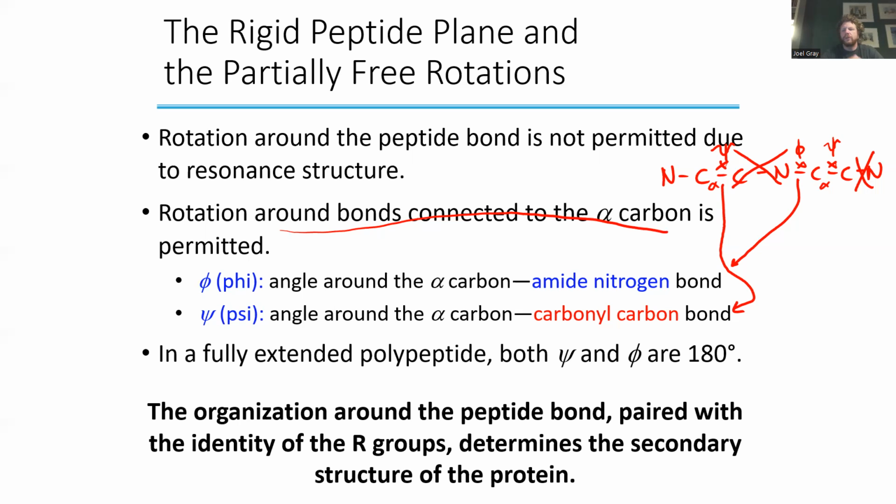They absolutely do. But what stabilizes secondary structure is the backbone hydrogen bond interactions. So an R group can influence secondary structure, but it's not going to play a role in stabilizing it.